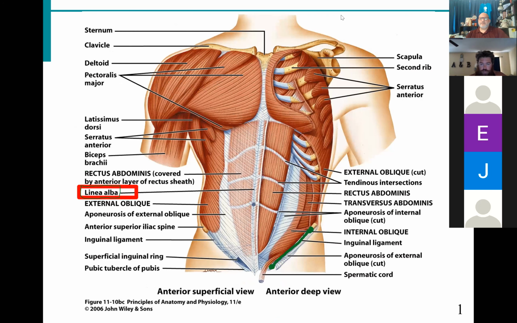Notice over here, there is a space or potential space that passes through it. In males, this is an actual space called the inguinal canal.